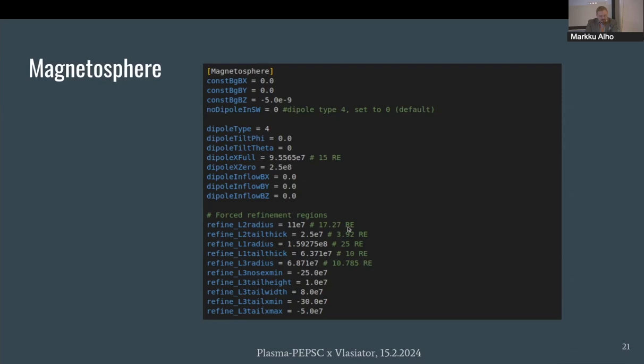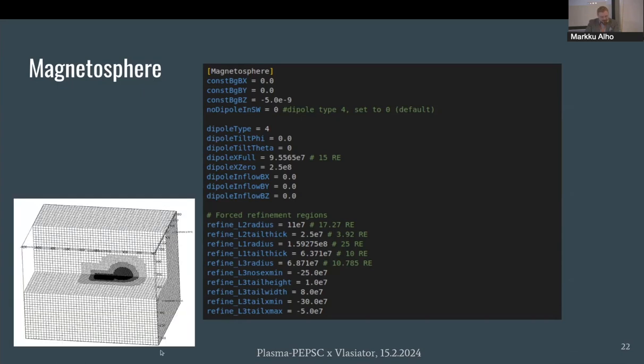And here then we have the refinement settings. So we have some shells, level 1 is the first spherical shells, a couple of them, and then we have the finest level 3 set up here that has some radius and some cutoff for a nose cone, well, a spherical section, and then we cut so that it just has the nose on the day side. Or as in this case, we just have the full spherical region here.